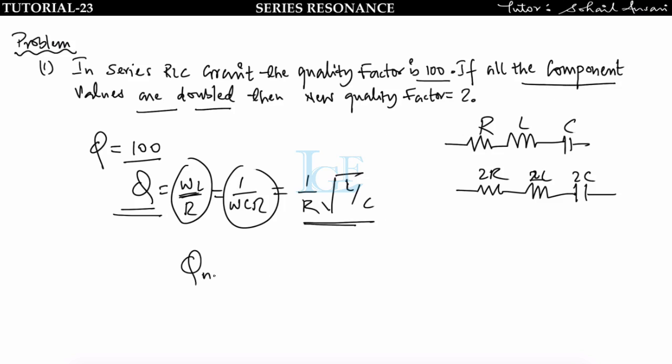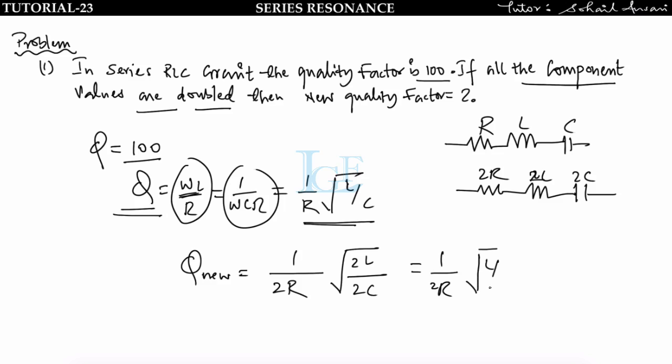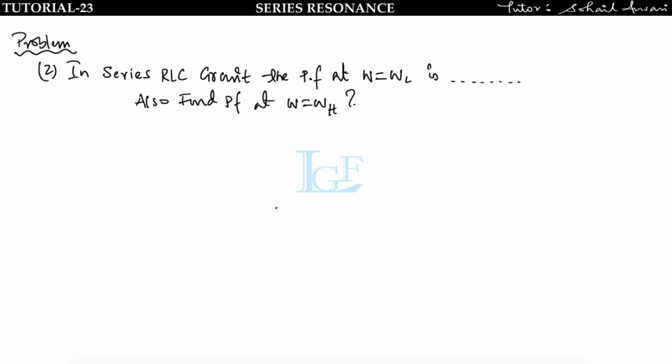So the new quality factor will be 1 upon 2R under root, inductor 2L and capacitance 2C. Finally I will get 1 upon 2R under root L upon C, which is 1 by 2 of Q old, that is equal to 50. So the new quality factor will be half of the old quality factor. Got it? Now see the next problem.